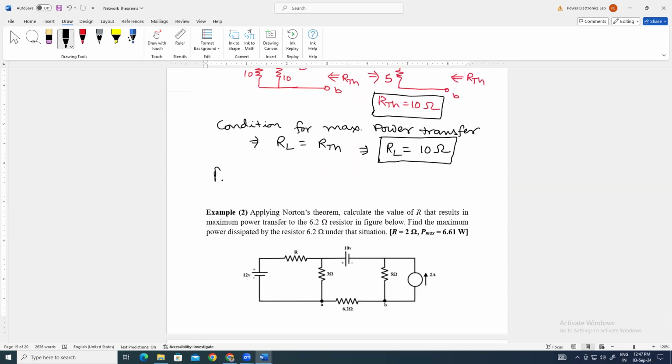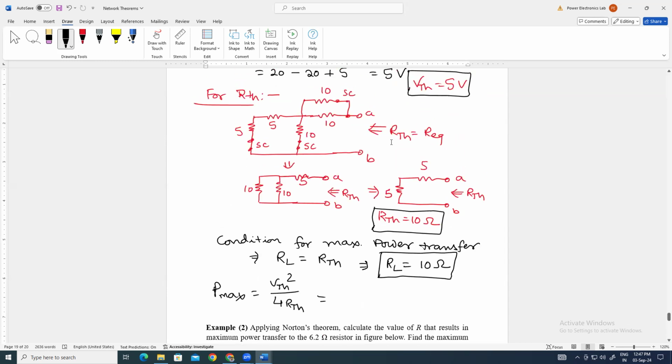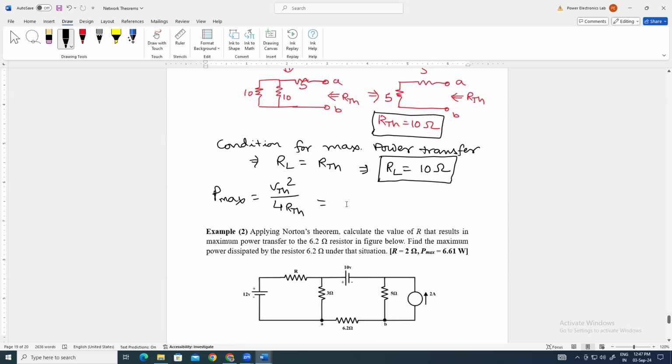P max by formula, we can see that P max is VTH square divided by 4 RTH. So what is the value of VTH? VTH we are getting 5 volt. So VTH square is 5 into 5 divided by 4 into RTH, that is 10.